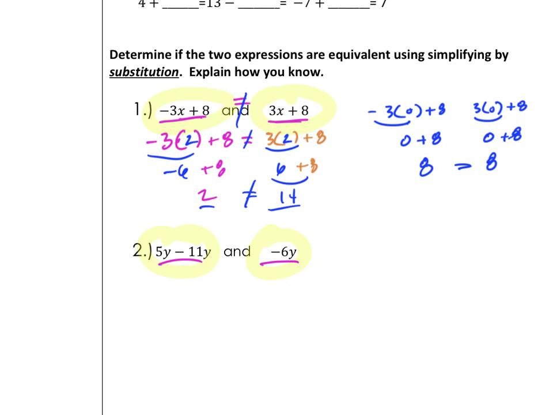This test would say they are equivalent, but they're only equivalent when x equals 0. You plug any other number in there and they will not come out to be equivalent. So if someone argues, oh, but you should be able to use 0, you now have the example that tells you why you can't use 0.